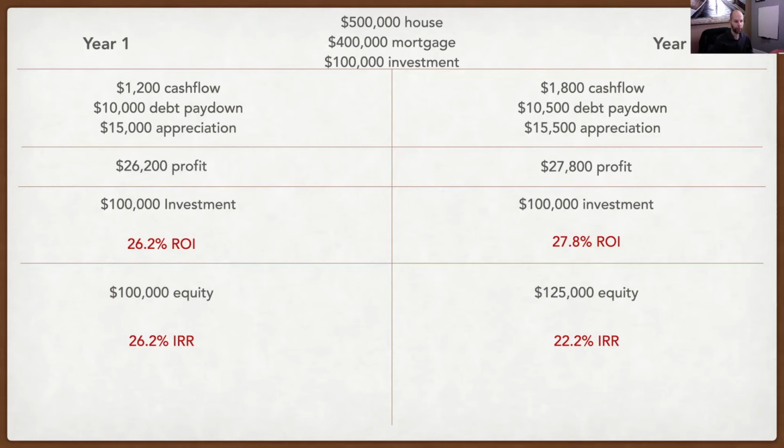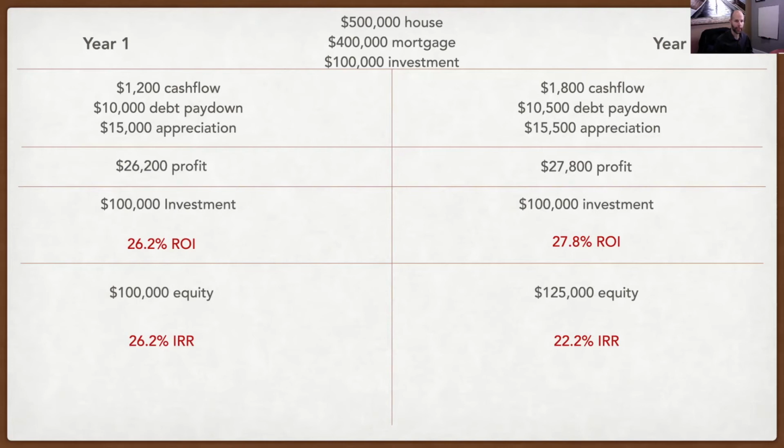So people new to investing see that, oh, this property only cash flows $100 a month. That's not very much. You can see that debt pay down and appreciation is where you make the real money in real estate. It has nothing to do with cash flow unless you're buying properties cash, in which case they can generate better cash flow.